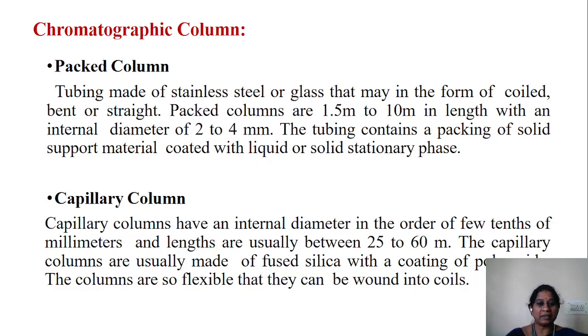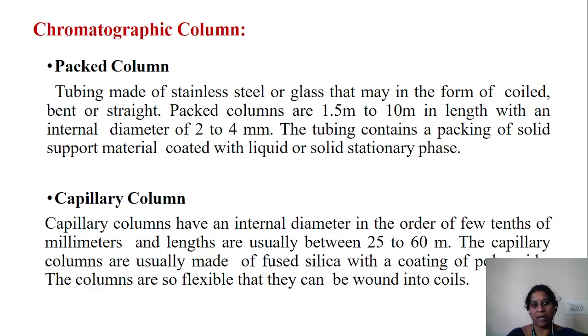The tubing contains the packing of solid support material which is coated with liquid or solid stationary phase. The capillary columns have an internal diameter in the order of a few tenths of a millimeter, and lengths are usually between 25 to 60 meter. The capillary columns are usually made of fused silica with a coating of polyimide, and the columns are so flexible that they can be wound into coils.